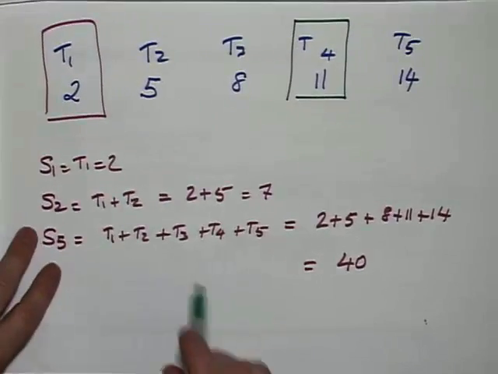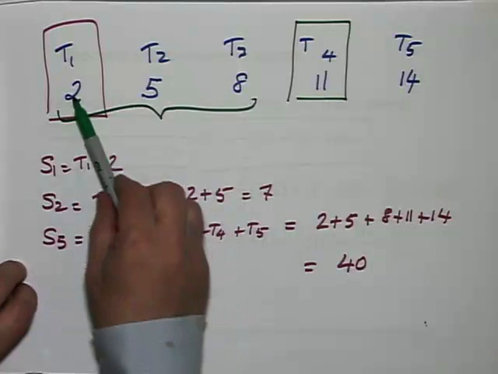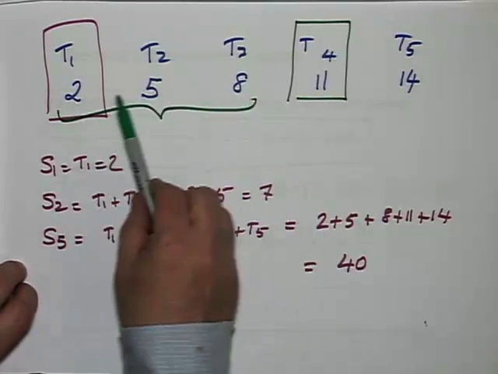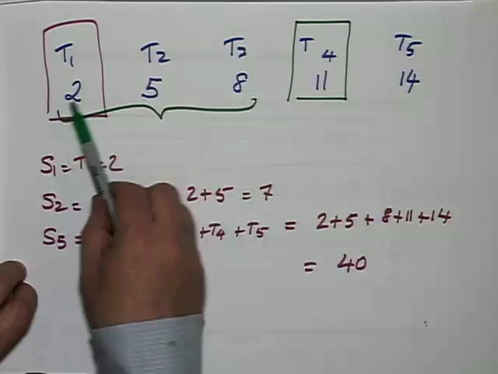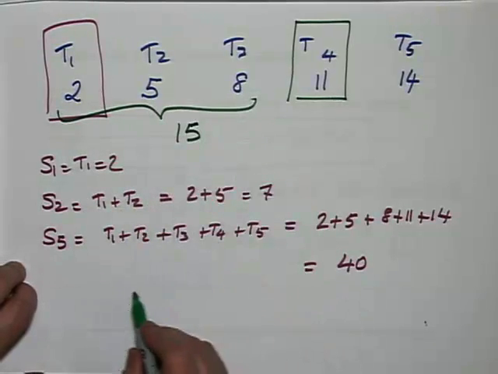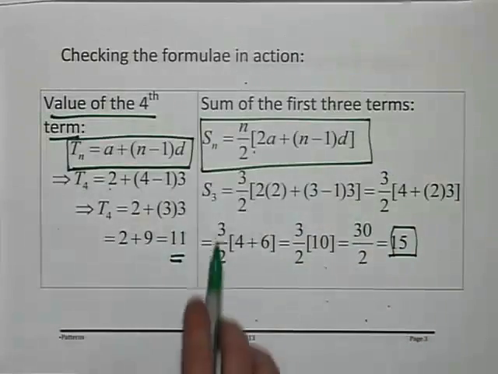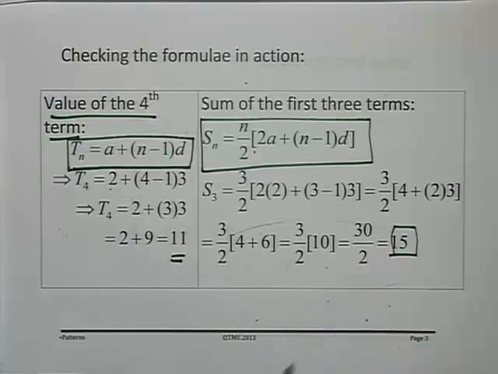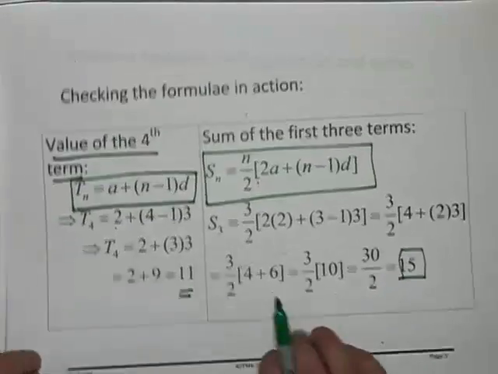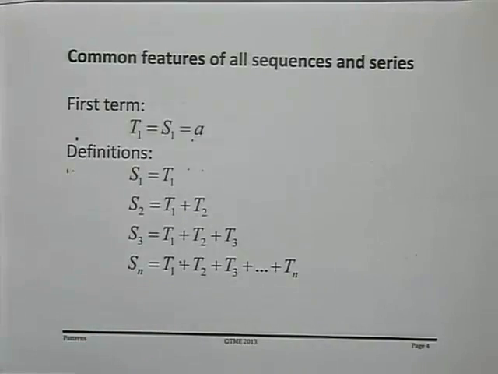Now, S3 here is the sum of the first 3 numbers, 2 and 5 and 8. 2 plus 5 is 7, 7 plus 8 is 15, S3 is 15, as we expected and predicted here and got here, so the formulae work. So that's arithmetic series and sequences, almost.